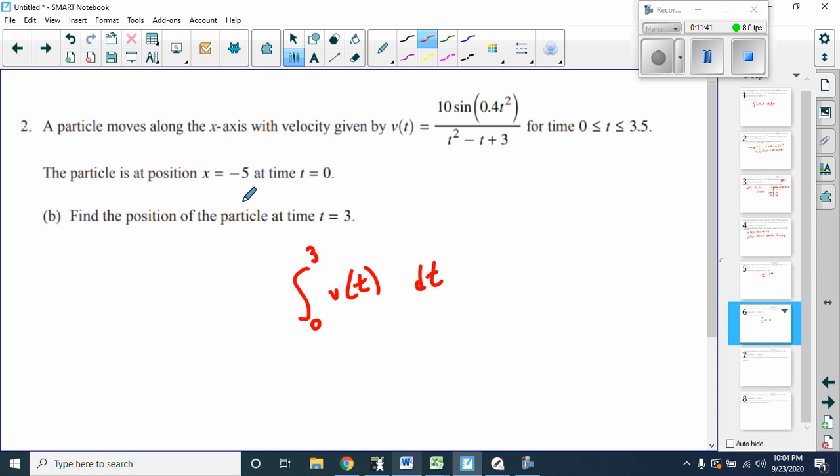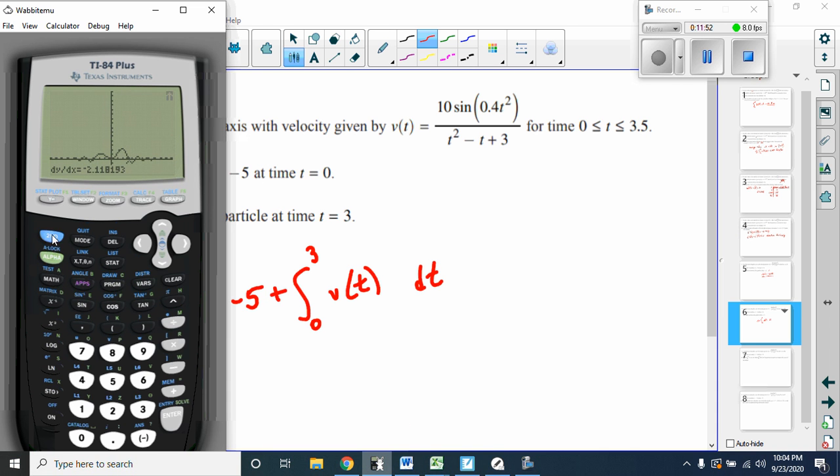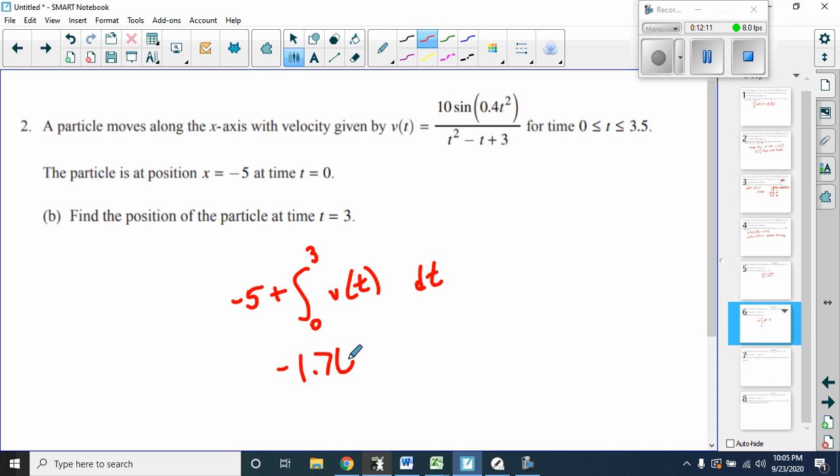And then we need to consider that it started at negative 5. So on the calculator, we can integrate from 0 to 3. Its change in position is 3.2397 plus negative 5, which is negative 1.76.